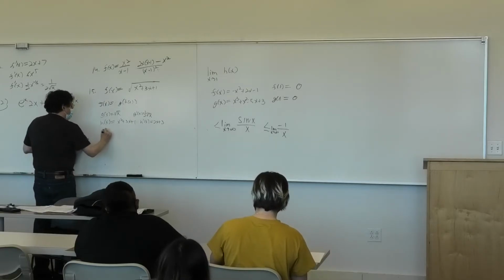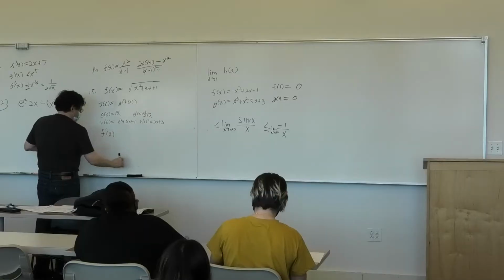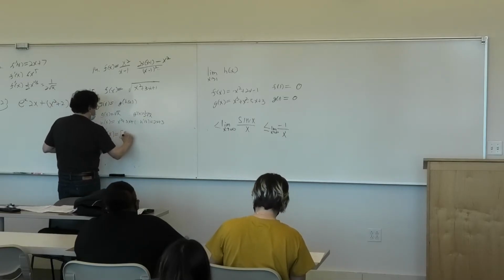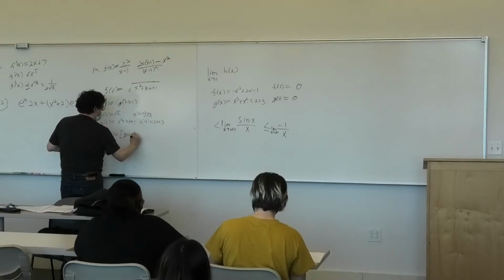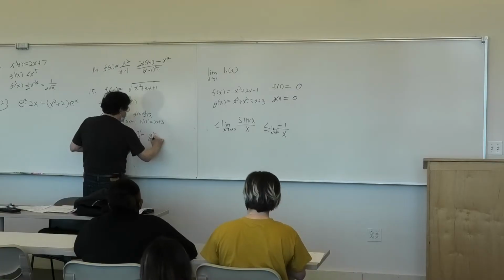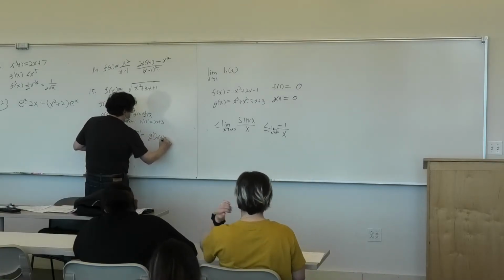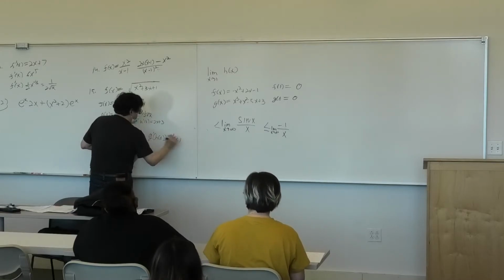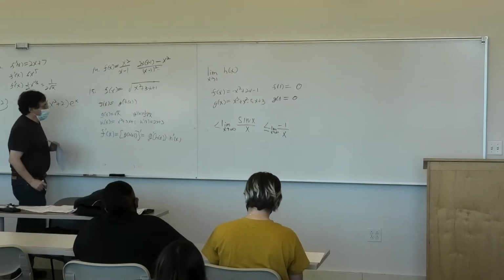So our derivative of f of x is the derivative of g of h of x, which is derivative of g at h times h prime, derivative of h. So what's that?